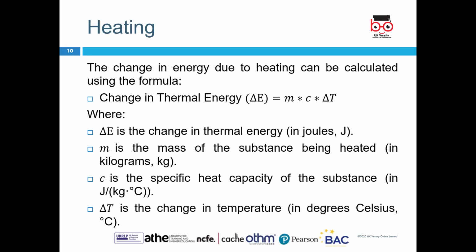In heating, the change in energy due to heating is calculated using the formula: change in thermal energy, delta E, is equal to m c delta T. Delta represents the change, E represents the form of energy, m is the mass of the substance, c is the specific heat capacity of the substance, which is a constant, and delta T is the change in temperature.